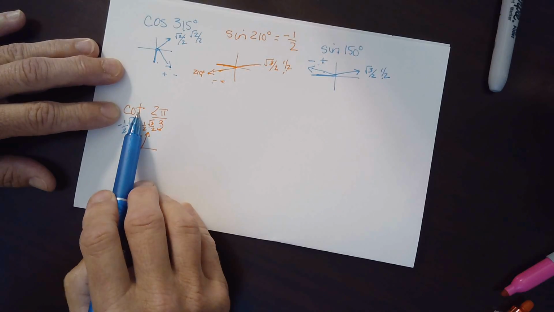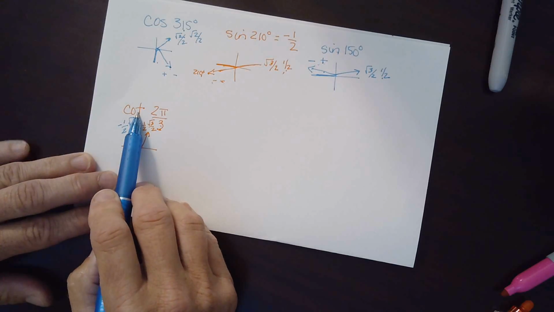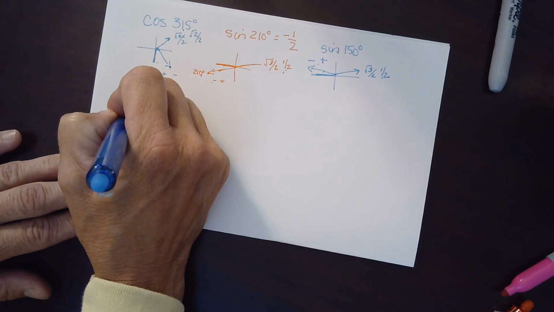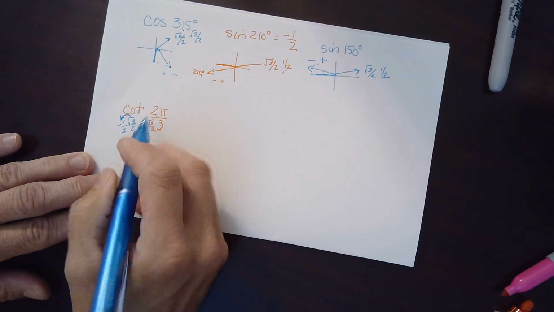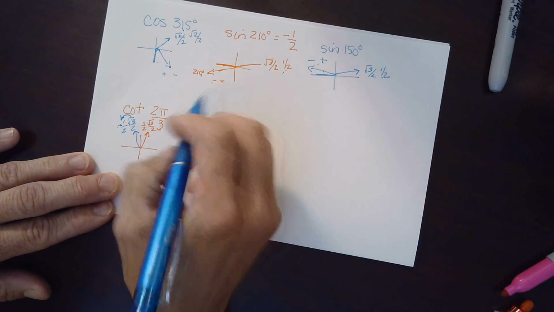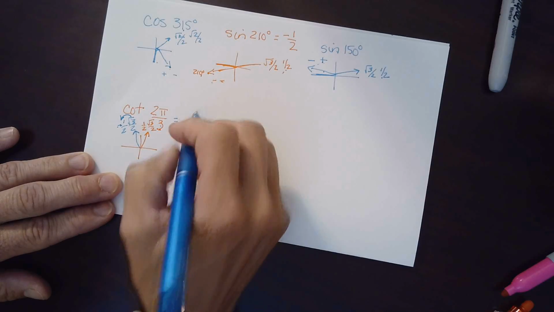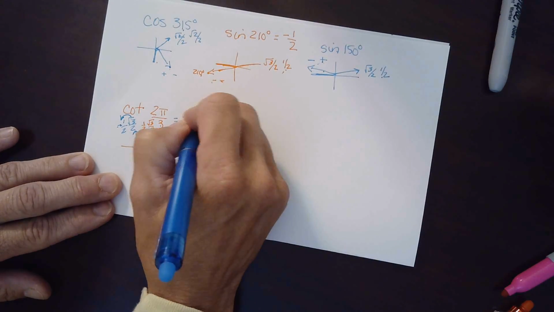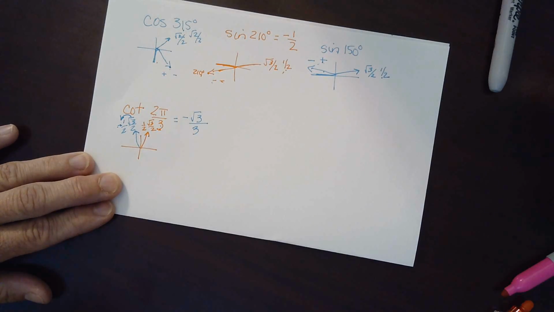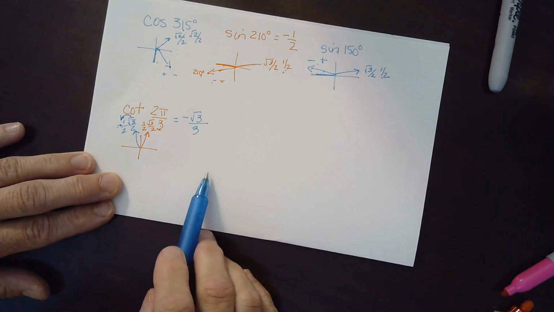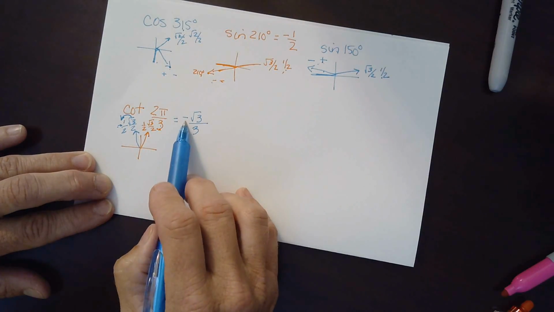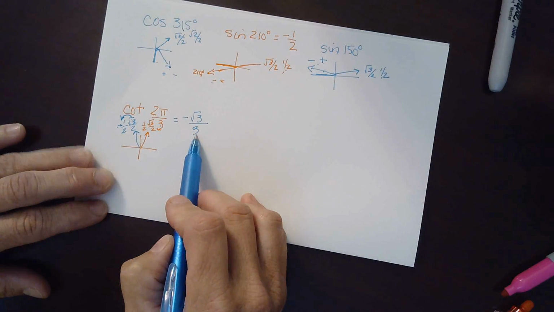Cotangent is the reciprocal of tangent. So if you look at it from that perspective, tangent is negative square root of 3, and therefore cotangent will be negative square root of 3 over 3. So cotangent of 2 pi over 3 equals negative square root of 3 over 3.